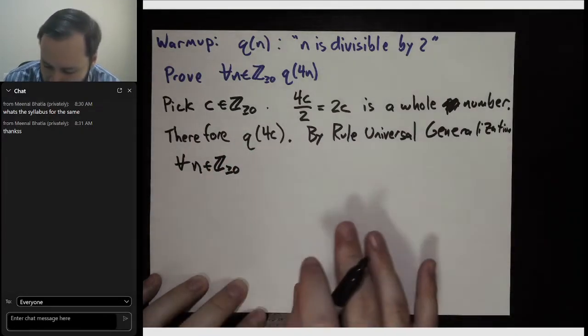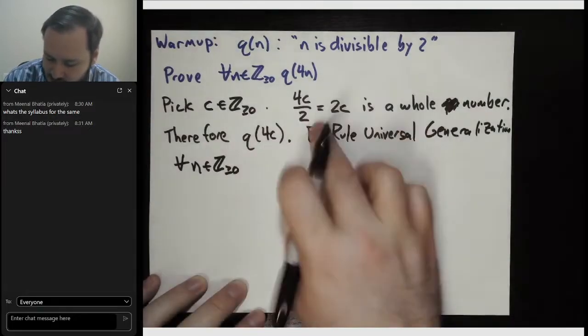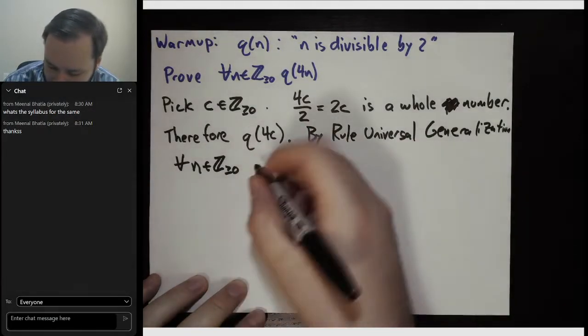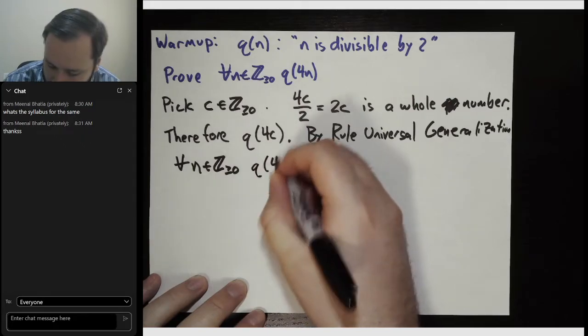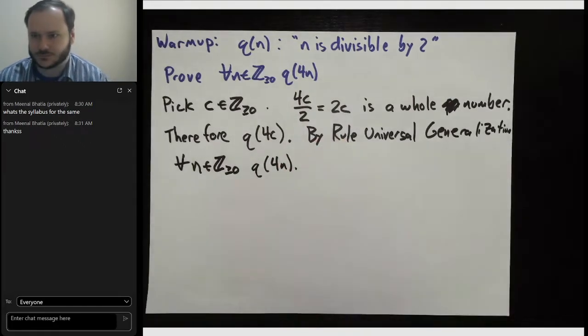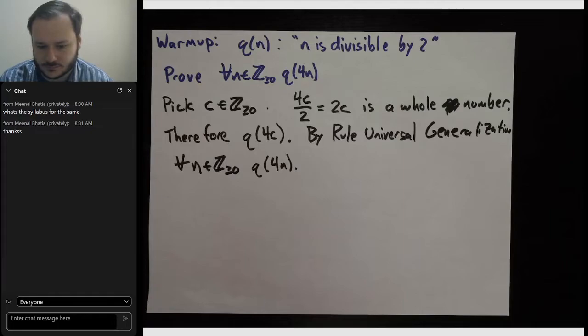You can pick any one you want and plug it in here. This exact procedure will always work. Q of 4n. Okay. How do we feel about that one? Questions, concerns?